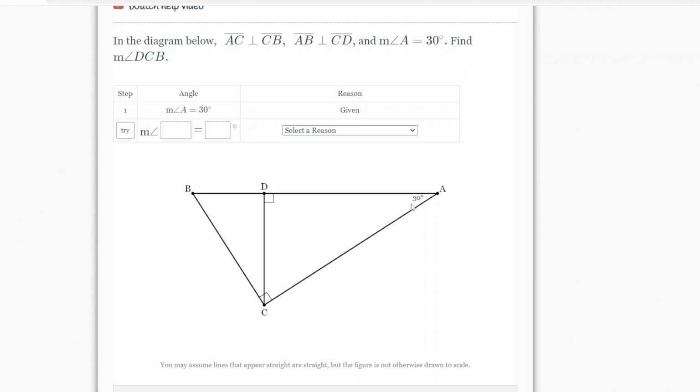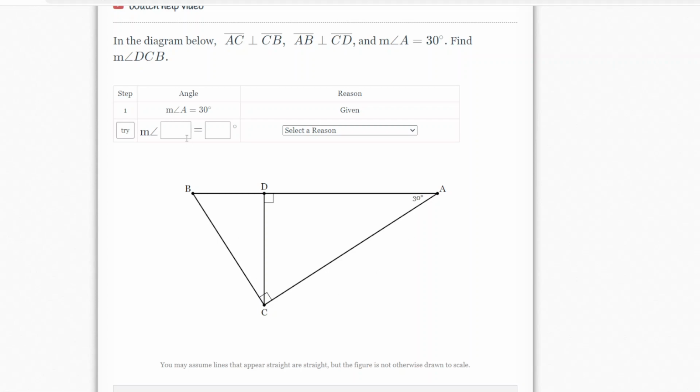And then starting with this, I would think a couple different ways. Let's see, if we were to find this angle here, we could then find that angle, so that would probably be the fastest. So in this triangle here, ADC, the sum is 180 degrees. 180 minus 90 would be 90. 90 minus 30 would be 60.